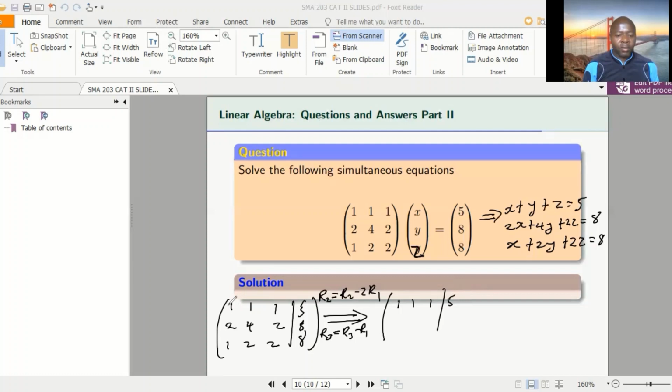This by 2 from that I have 0, this by 2 from that I have 2, this by 2 from that I have 0, and this by 2 from that I have negative 2. So this will be 8 minus 10. Then for row 3, this minus that I have a 0, this one I have a 1, this minus that I have a 1, and this minus 5 is 3.